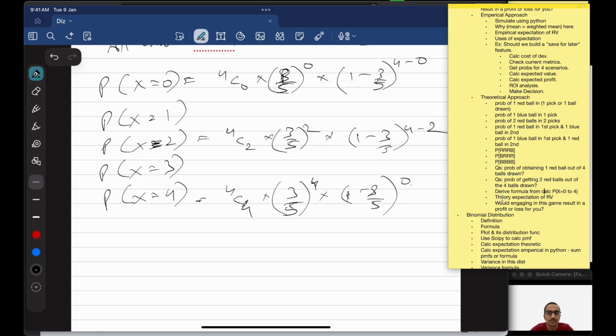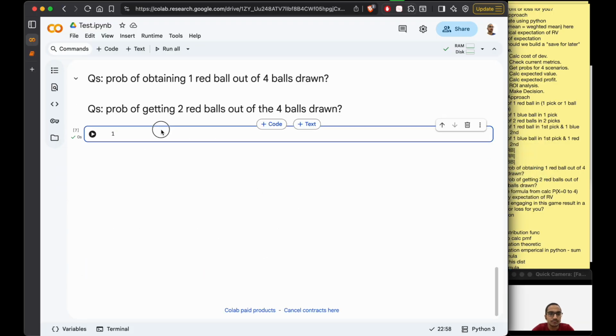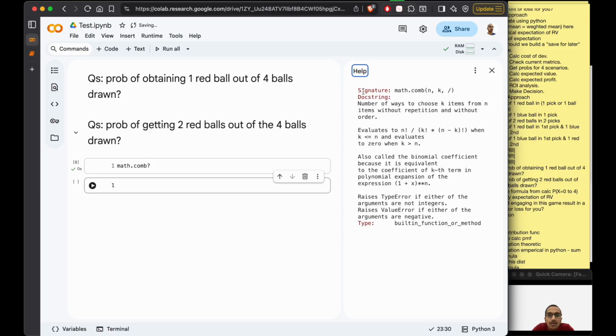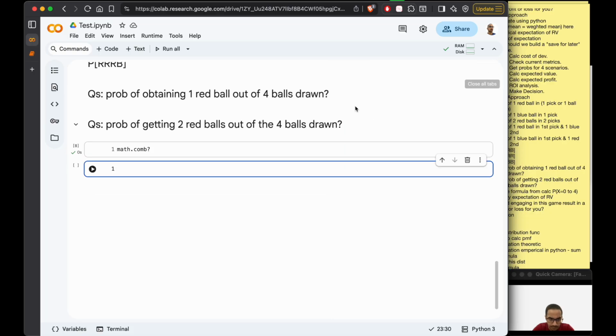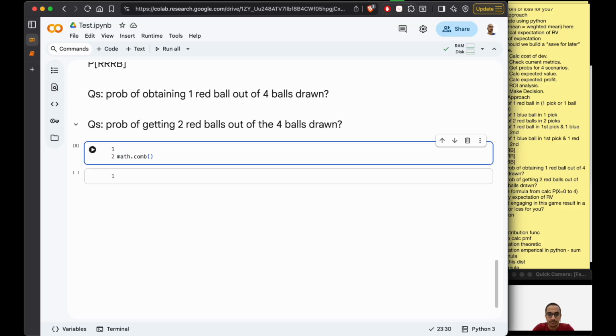For combinations we can use math.comb, with n and k, the binomial coefficient nCk, right?